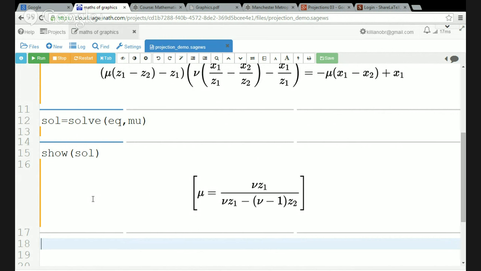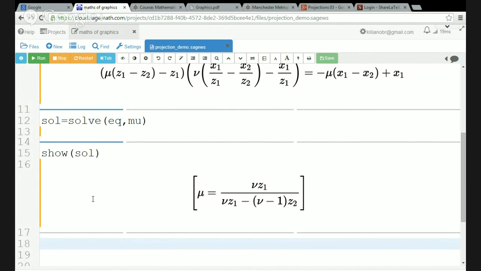So this gives us the solution mu as nu z1 over nu z1 minus nu minus 1 into z2. Okay, and so that solves this back projection problem that we set up.